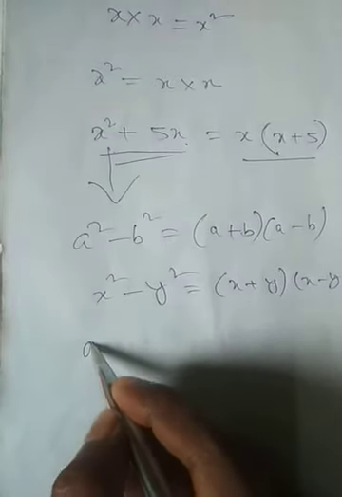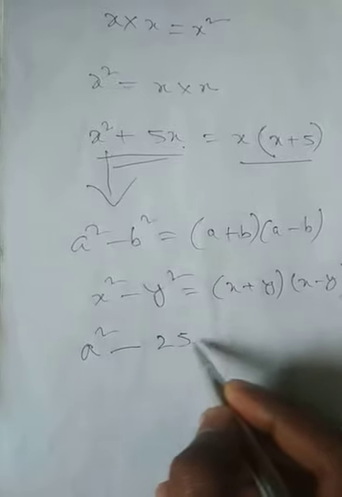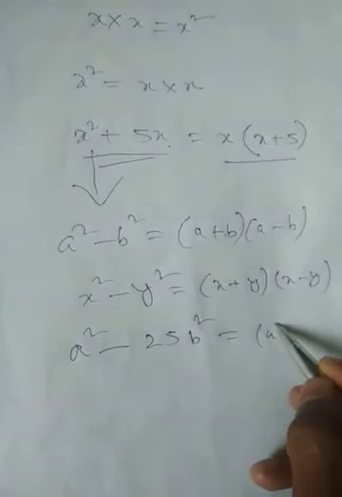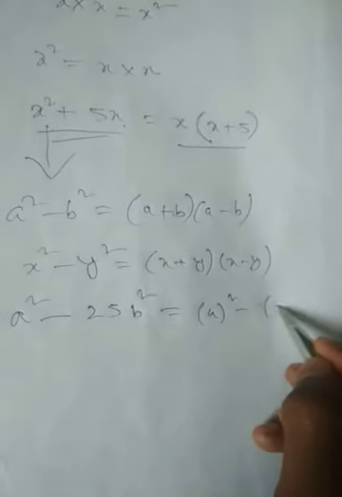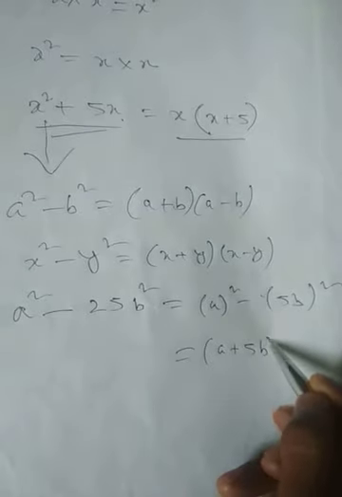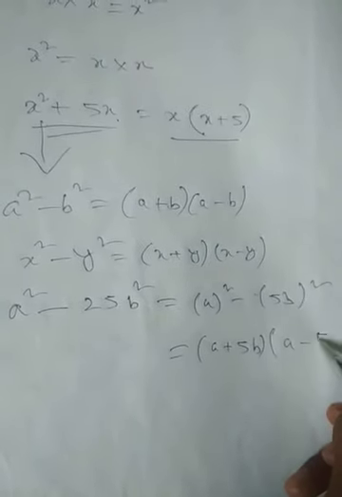If a square minus 25 b square is given, you can write a plus 5b into a minus 5b.